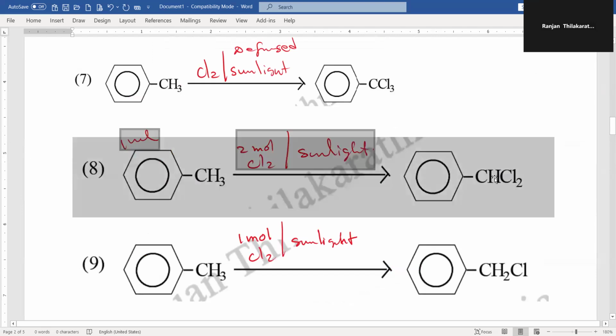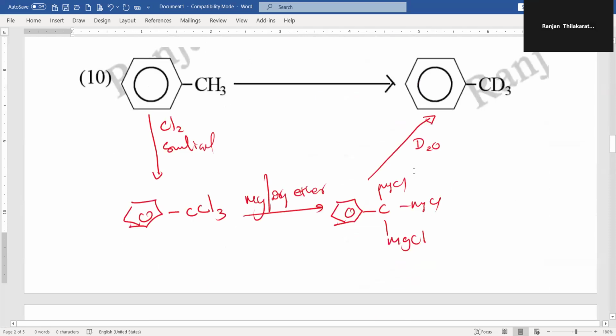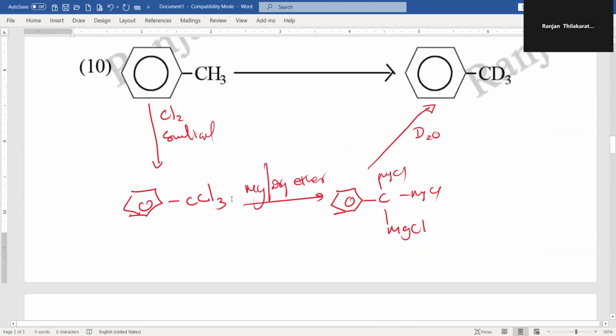Using 2 moles of chlorine, you can add Cl2 and sunlight, then you will get this product, CHCl2. Then in the same way you can add dry ether and magnesium, then turn that into MgCl, and then add water, then you will get the required product.